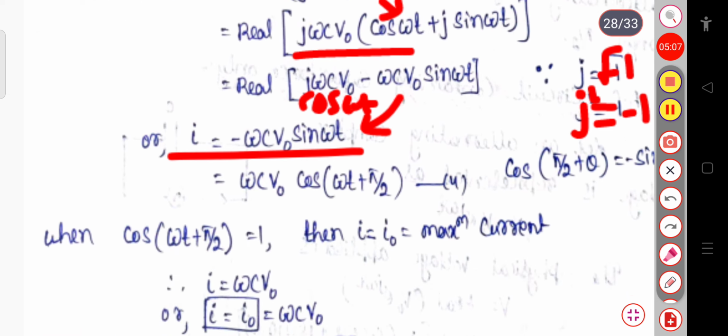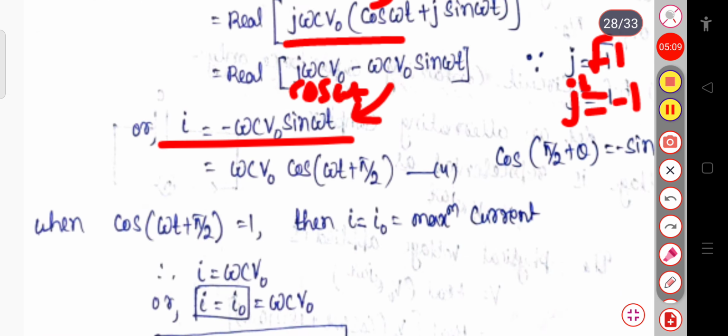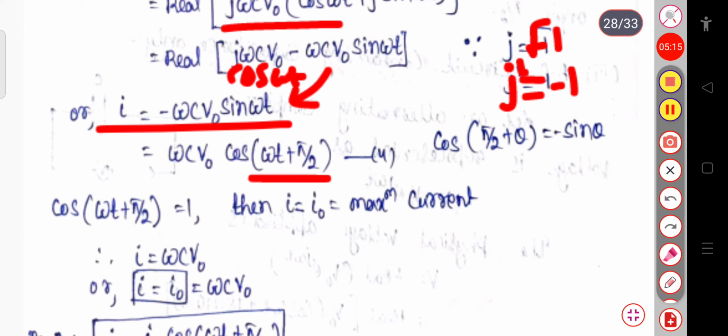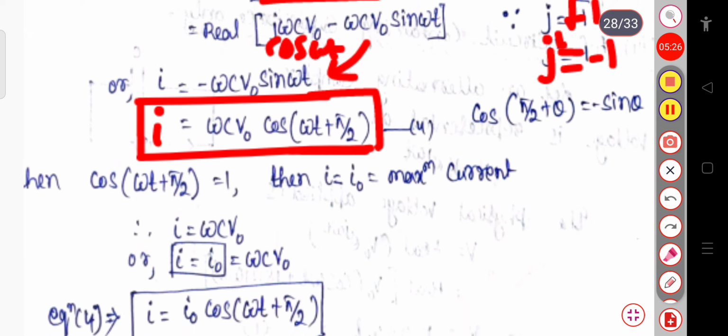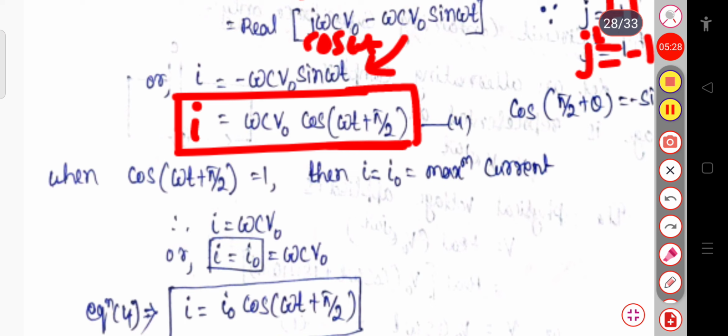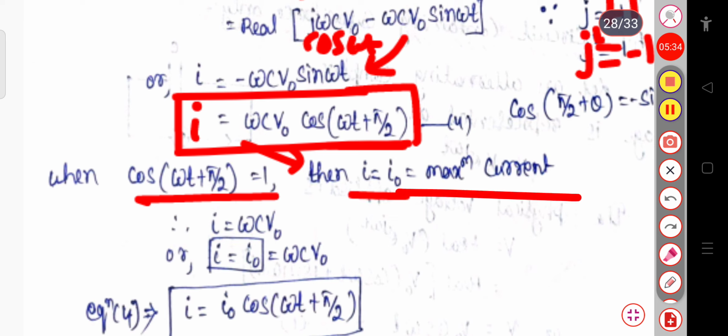And in place of minus sin omega t we can write cos of pi by 2 plus omega t, because you know cos of pi by 2 plus theta, cos 90 plus theta, equals minus sin theta. So the value of the current equals omega C V naught cos of omega t plus pi by 2. Now if I consider the value of cos of omega t plus pi by 2 to be 1, then I equals I naught, and that is called the maximum current.